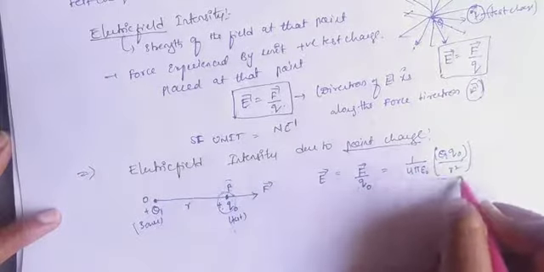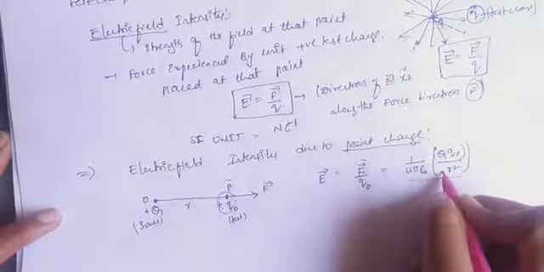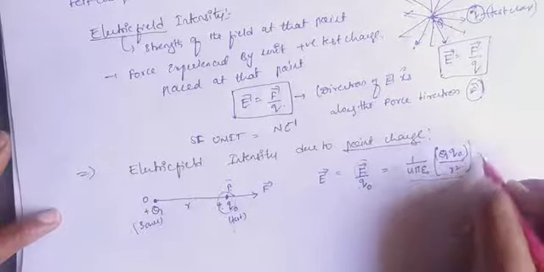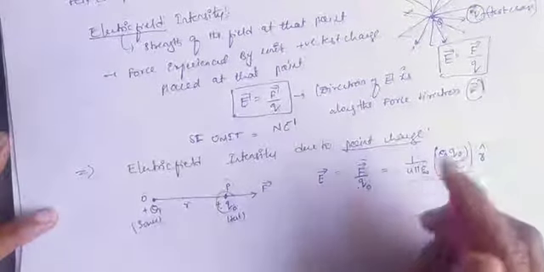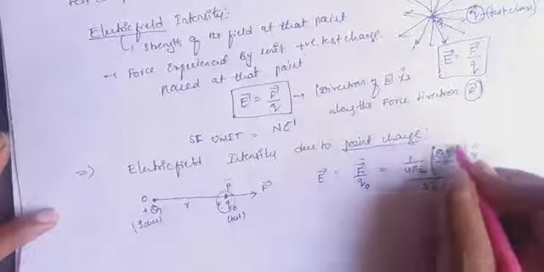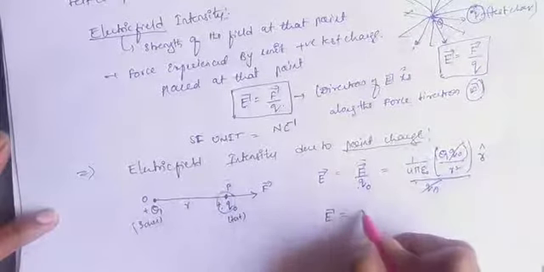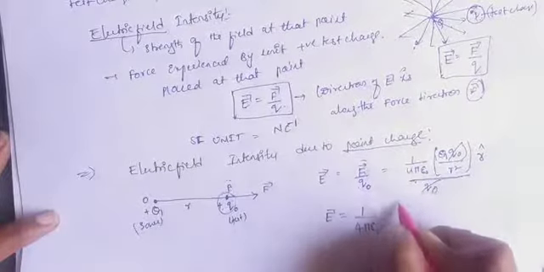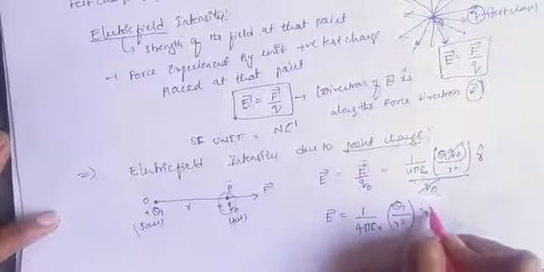This is the magnitude. But here we are taking the vector, which means magnitude and direction. So for the direction we take the R cap. Dividing by Q naught, the Q naught cancels out. Here we get the electric field intensity E equal to 1 by 4 pi epsilon naught times source charge Q by R squared into R cap.